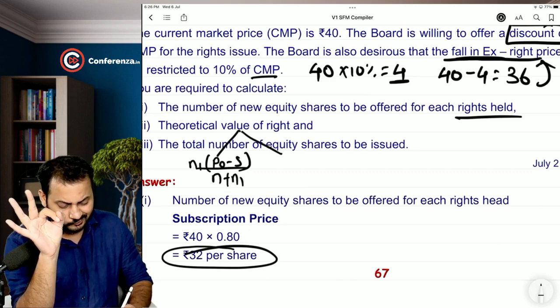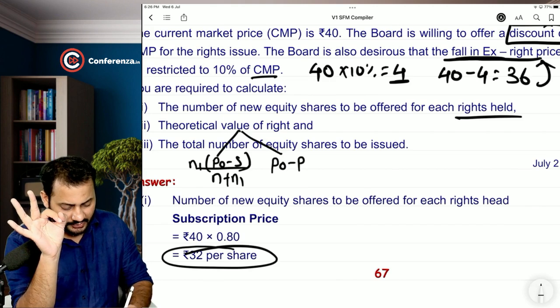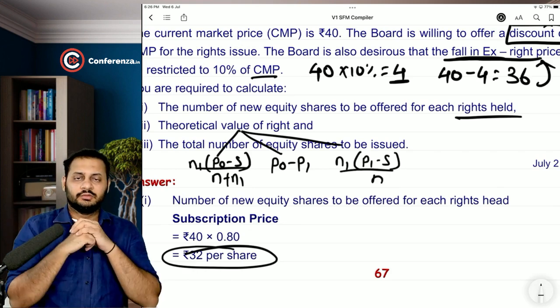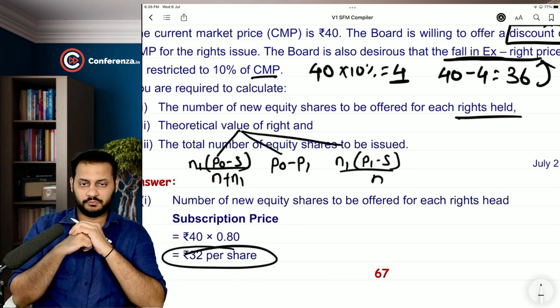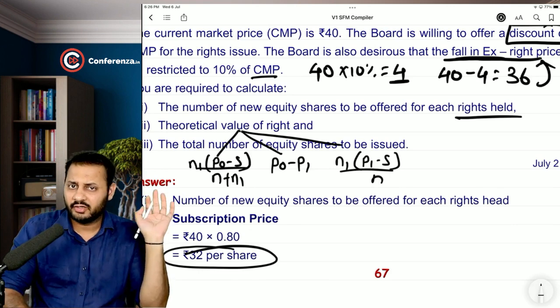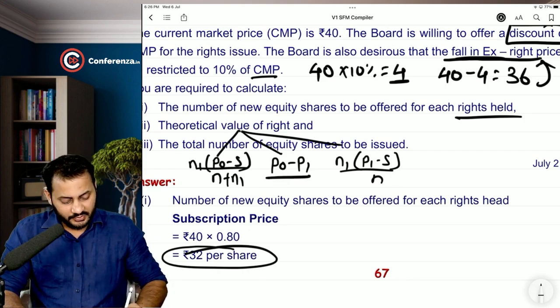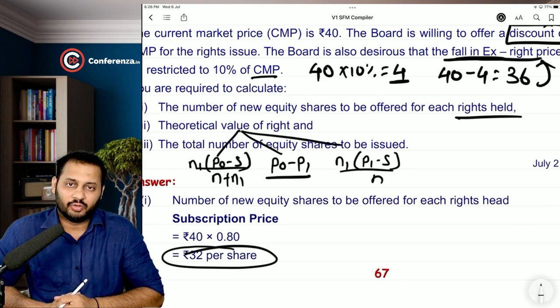Second formula: P0 minus P1. Third formula: N1 in bracket P1 minus S, divided by N. Use any of them and you will get the same answer. To be very simple, this one is going to be our formula in this case.